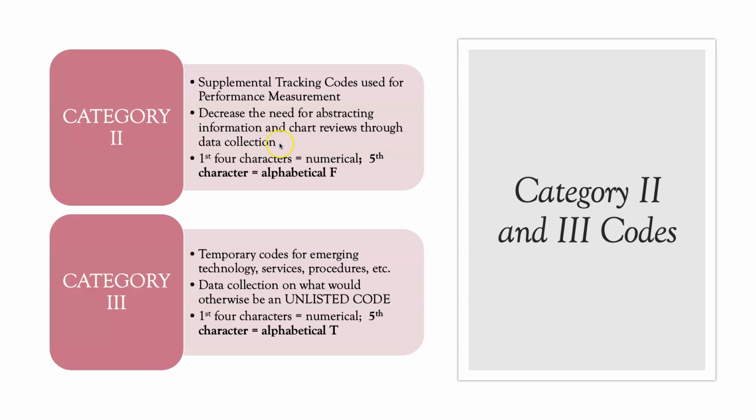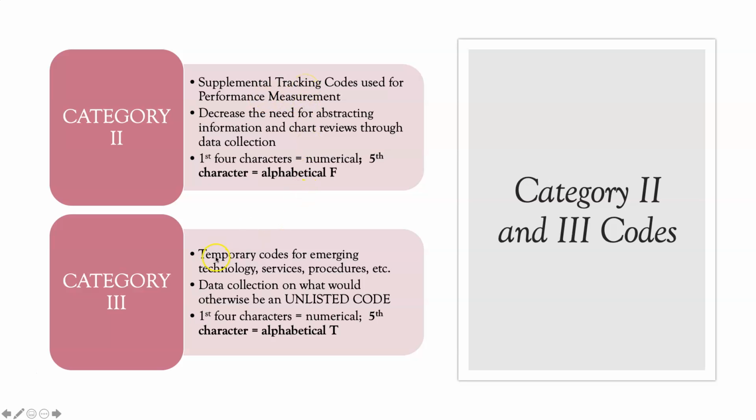It's part of the claim. The first four characters are going to be numerical. The fifth character will be an F. So if you see a CPT code where it has four numbers and then an F, it tells you it's a Category 2 code and it's going to be used for performance measurement tracking.